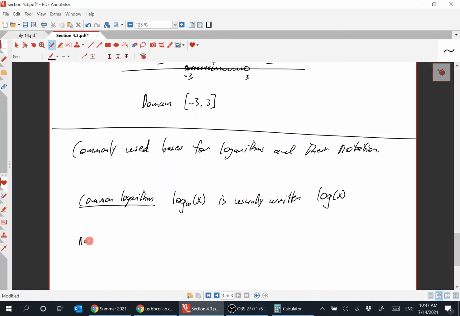The natural logarithm, the log base e, where e is Euler's constant, is usually written as ln, natural log of x.